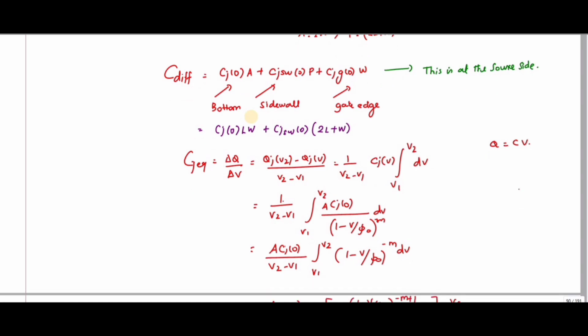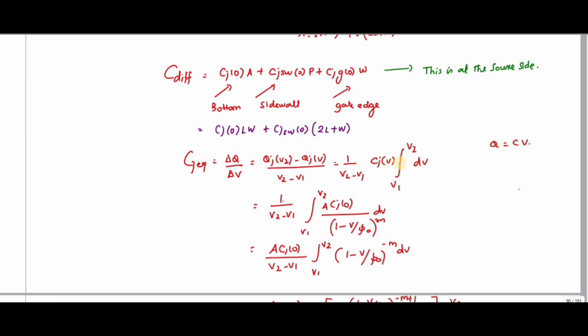For that, I can write Cj equivalent is equal to delta Q divided by delta V, that is equal to (Qj(V2) minus Qj(V1)) divided by (V2 minus V1), that is equal to 1 divided by (V2 minus V1) times the integral of Cj(V) dV as the voltage moves from V1 to V2, because Q is equal to CV.